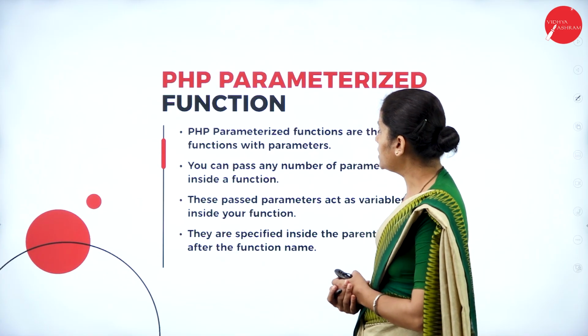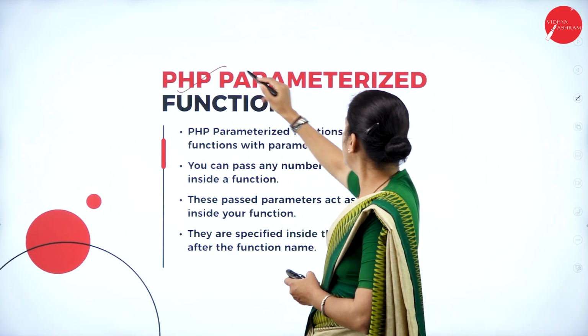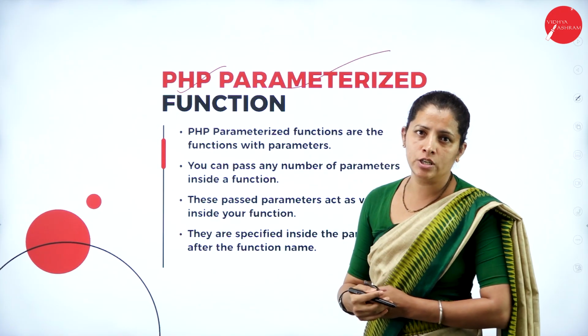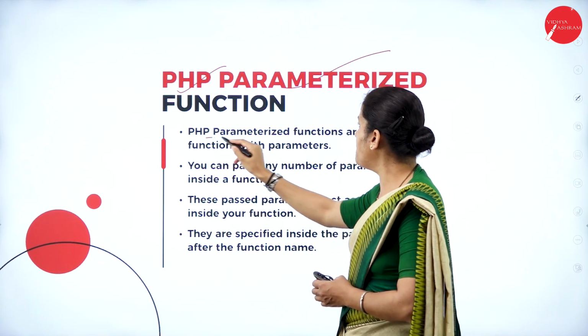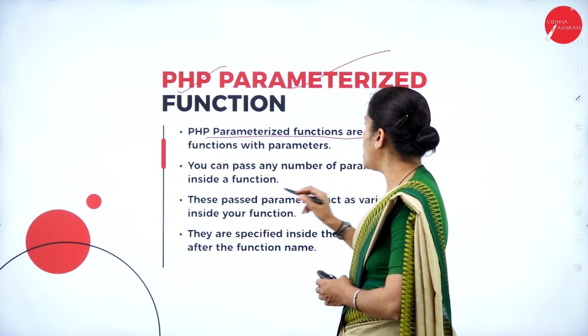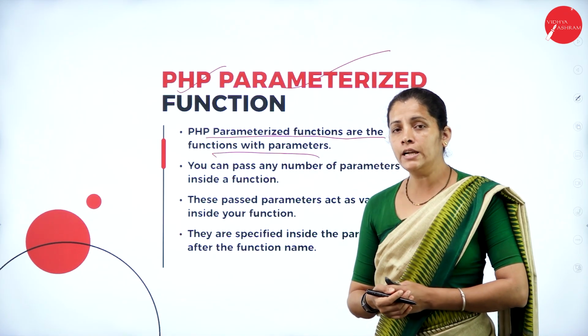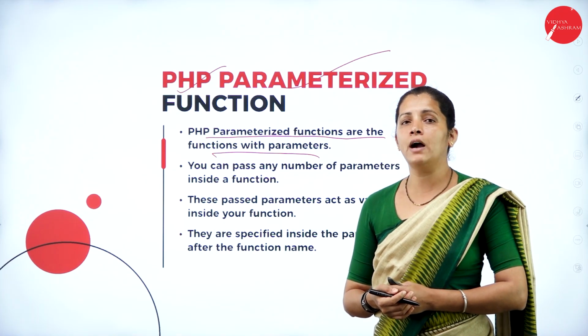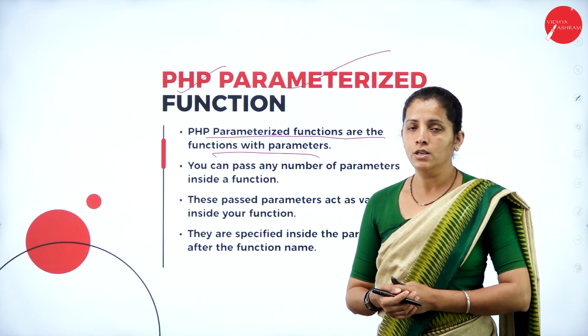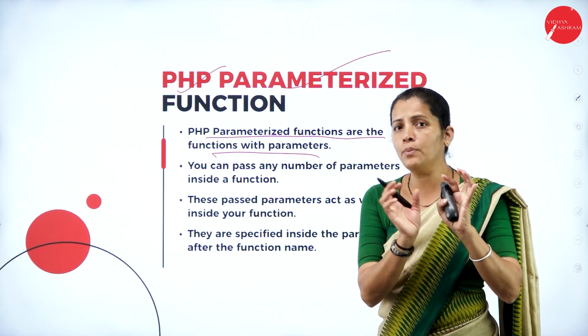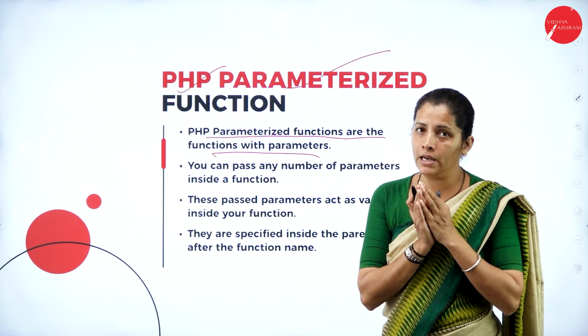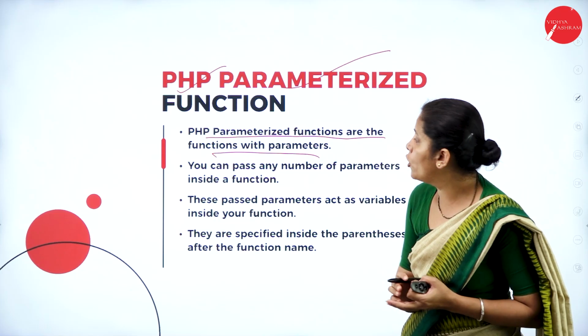Okay, fine. Now, PHP parameterized function. PHP parameterized functions are functions with parameters. In a C program, we studied that we can have functions with parameters. So I have the function, and along with that, I can have the parameter. Parameters are nothing but the arguments.